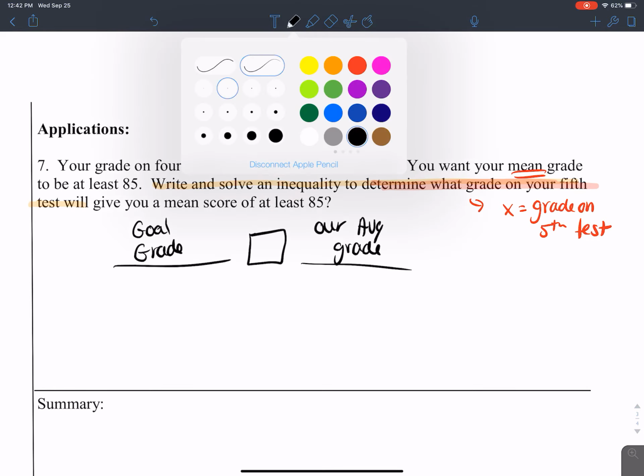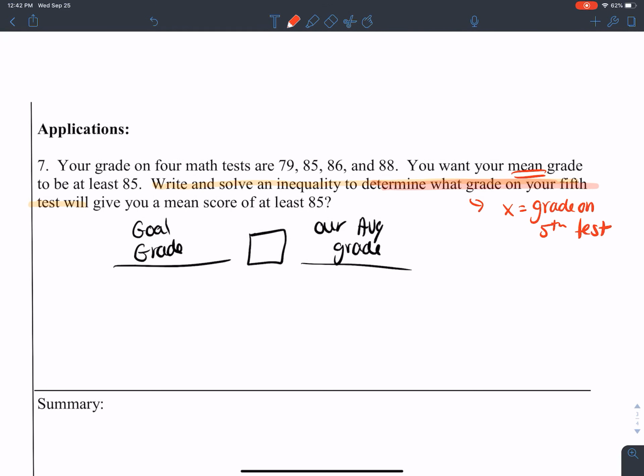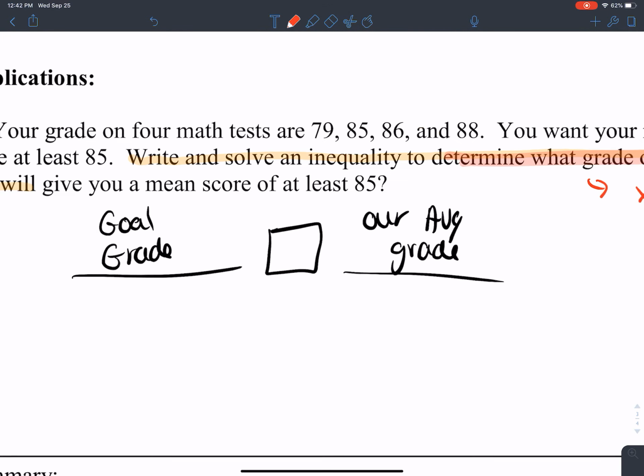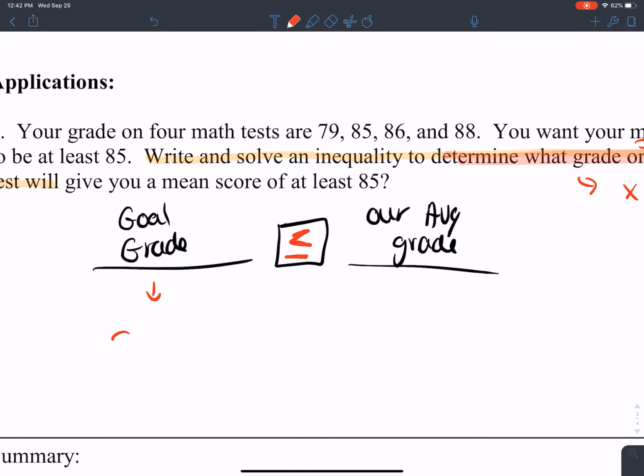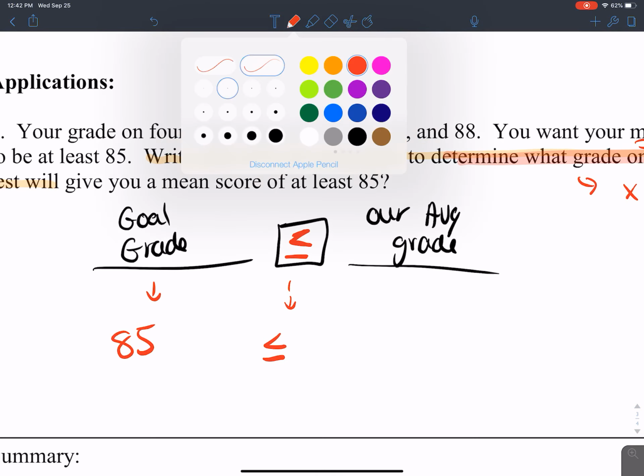And what we want is for our grade to be at least 85. So my grade could be 85 or it could be bigger than 85. So we just start to substitute values that we know. Our goal grade is 85. Now our grade needs to be bigger than or equal to that in order for us to achieve our goal.